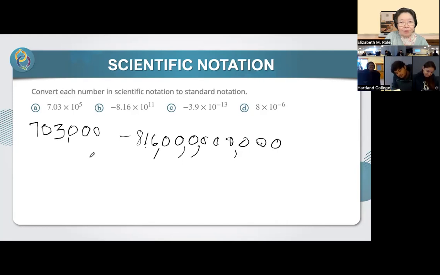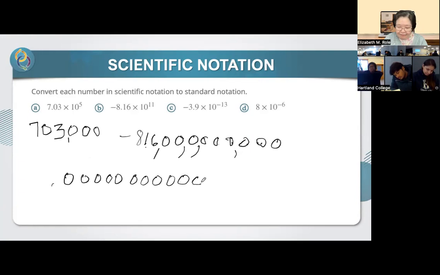Because it will now be 0.00, and this is 3.9. You will be moving it to the left. So 1, 2, 3, 4, 5, 6, 7, 8, 9, 10, 11, 12, 39.